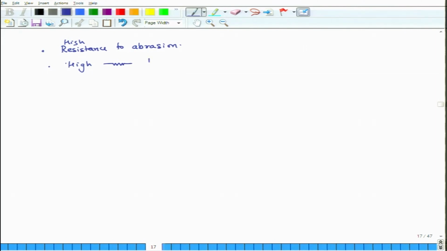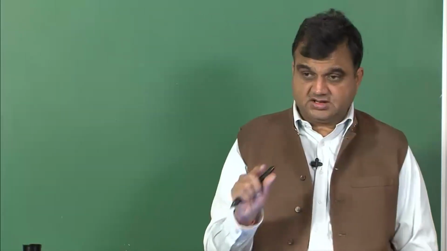High resistance to organic solvents. So, you put them in ethanol or methanol or carbon tetrachloride or some of these organic solvents, they do not dissolve easily. A lot of times several plastics get affected by organic solvents, but these are very resistant.